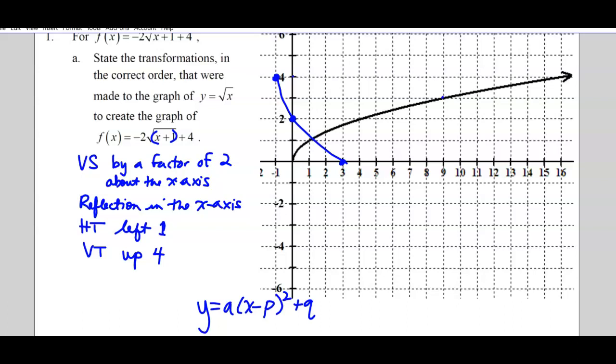The left 1, up 4. And then we can do this last one. So 4 times 2 is 8. Reflect is -8. Left 1, up 4, so -8 plus 4 is -4.